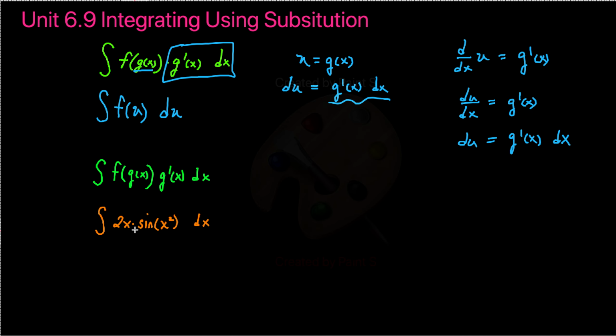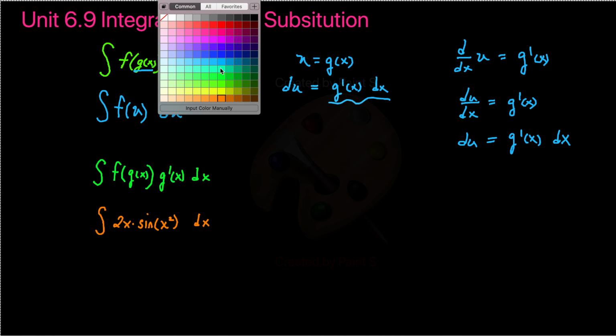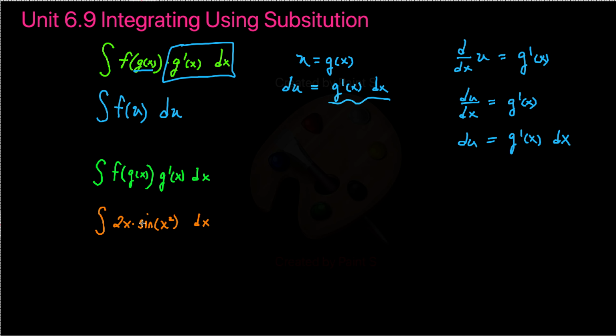So the first thing is that I actually want to take f, right? So I want f to be this sine, right? And then x squared is actually this part, right? And now you want to see that this actually is of the right form, because if I take g of x to be x squared, well, what's the derivative of g of x? What's the derivative of x squared? It's just 2x, right?